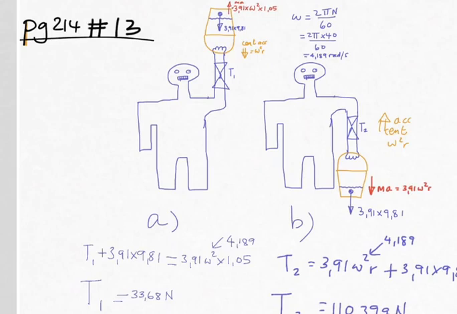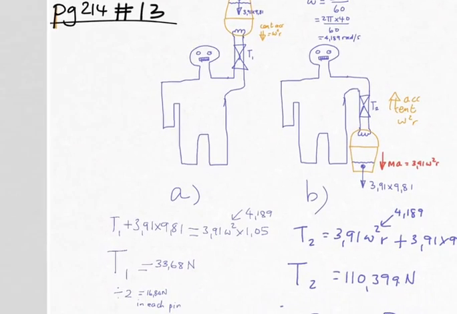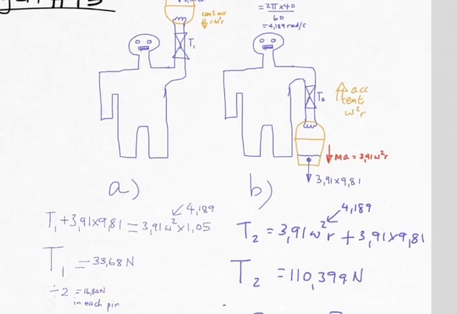So in A, you've got T1, the tension in the operator's arm, plus mg equal to MA. So it turns out that T1, the force in the operator's arm, is 33.68 newtons, and the bucket has 2 handles, or 2 pins attaching the handle to the bucket, so you divide that by 2, and each would have 16.84 newtons force in it.